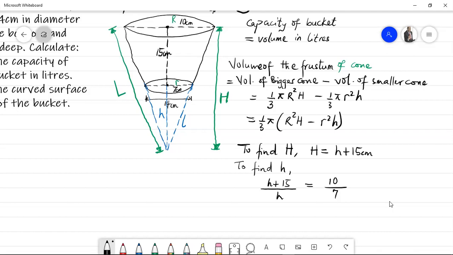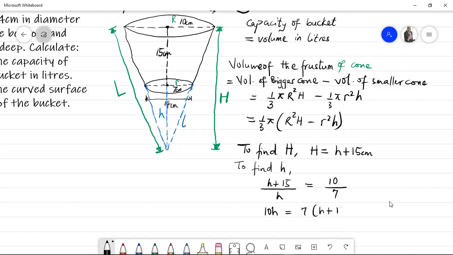You can take a look back at our lessons concerning similar triangles. When we cross multiply, we're going to have 10h equal to 7 multiplied by h plus 15.